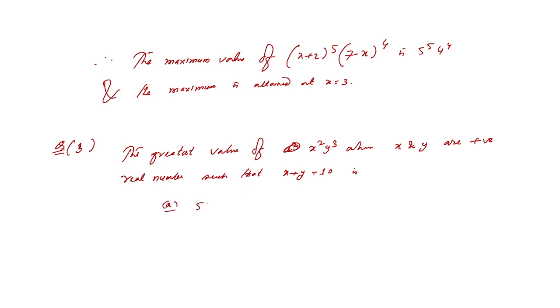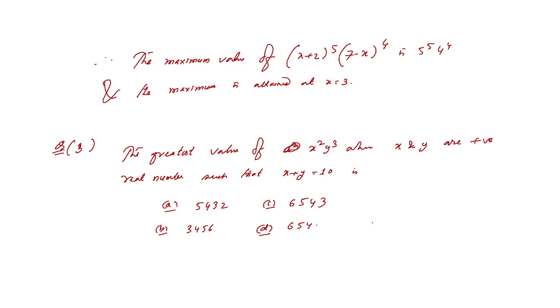Option A: 5^4 3^2, option B: 3^4 5^6, option C: 6^5 4^3, and option D: 6^5 4^3.